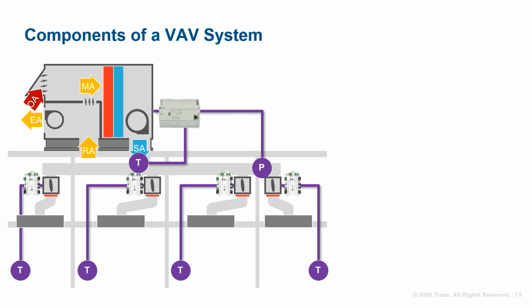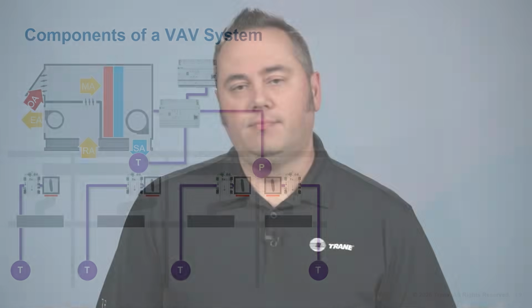The static pressure can be measured from the longest duct run. As VAV boxes close and restrict airflow, the resulting duct static pressure increases, and the supply fan speed is reduced to maintain the set point. Next, a system controller may be used to choreograph system operation.